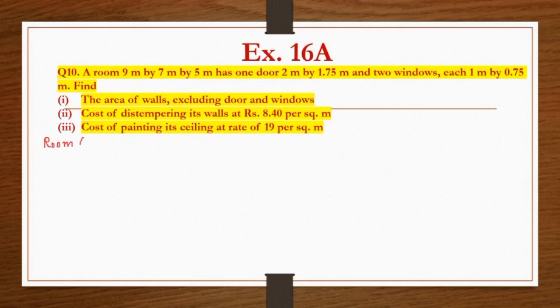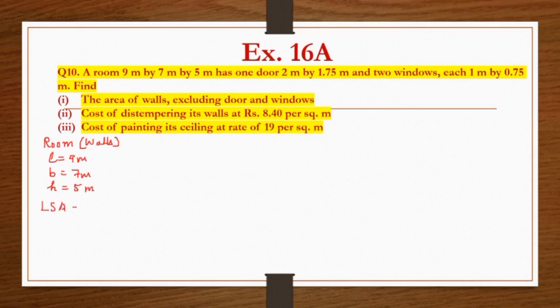So only walls in the room. Length is given, that is 9 meter. Breadth is given, 7 meter. And height is given, that is 5 meter. Here it's talking about only wall, so we are going to apply the LSA of cuboid.